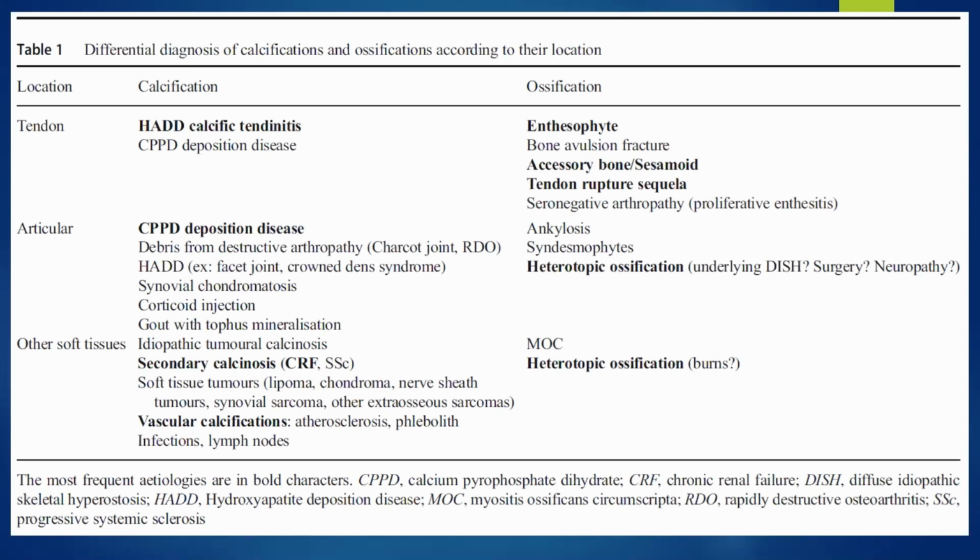Vascular calcifications are common in atherosclerosis in the form of phleboliths in the veins, infection, and lymph nodes. The most frequent etiologies are in bold. CPPD is seen as calcium pyrophosphate dihydrate, chronic renal failure, DISH, HAD, and myositis ossificans circumscripta.